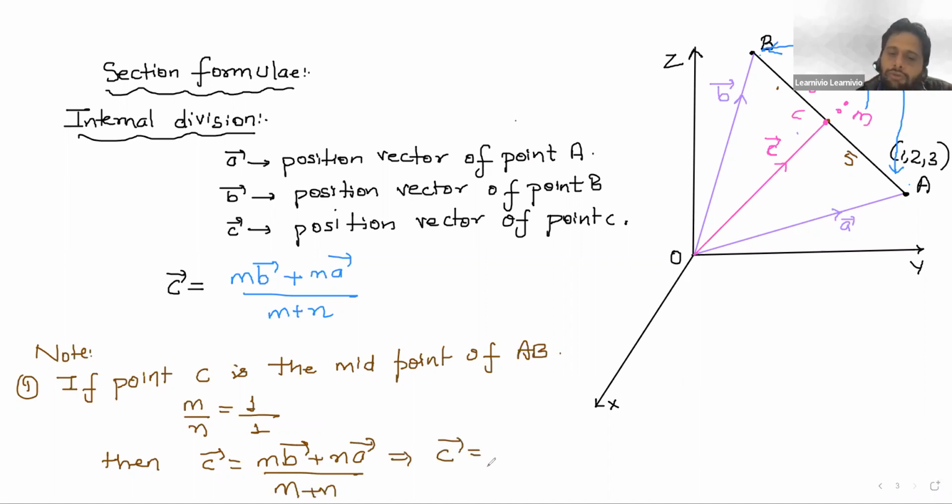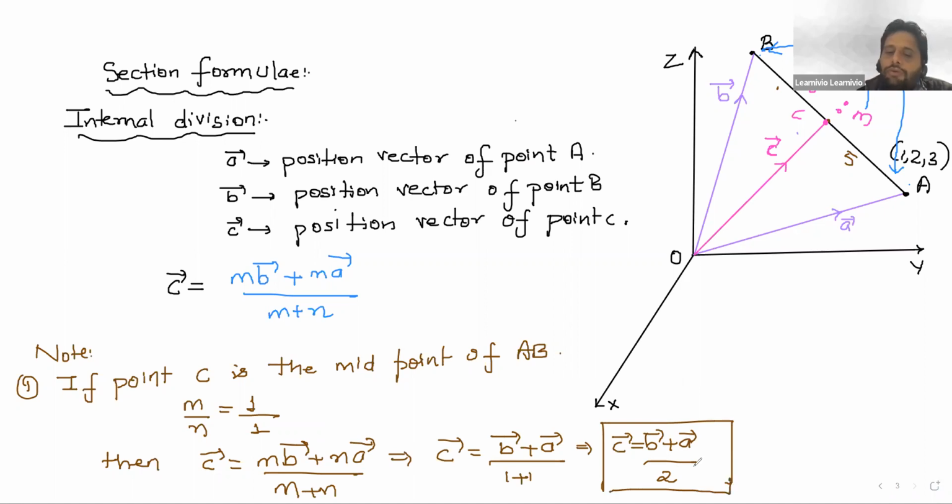So C is equal to B plus A by 1 plus 1. So C is equal to B plus A by 2. Okay, so this is your final answer. Please note this down. Sorry, this is the final formula when C is the midpoint.